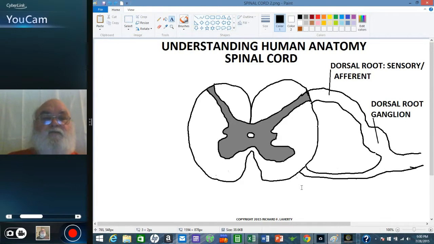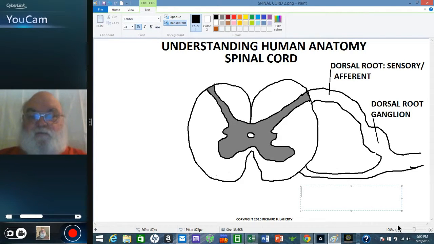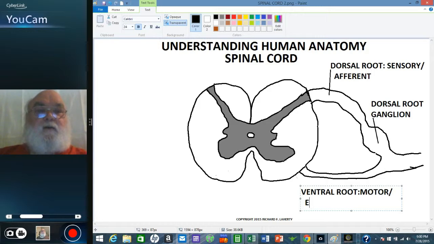Then on the ventral side, we have the ventral root. And the ventral root is carrying only motor axons, or efferent axons.